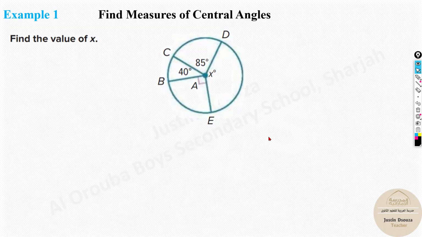Now we will apply this and solve some problems. Here we need to find the value of X, given all the other things. This is pretty easy if you understand. This symbol is 90 degrees, a right angle. Then you can just use your calculator and solve. It is basically 360 degrees minus 90 minus 85 minus 40.